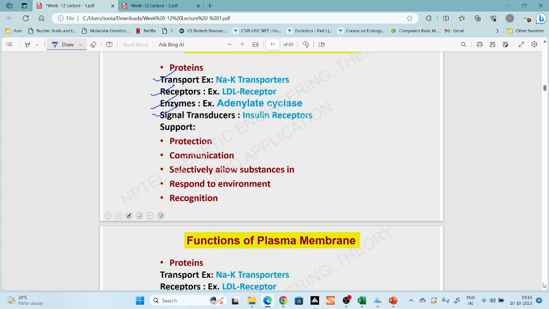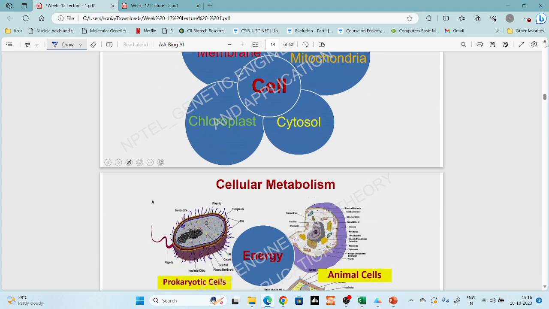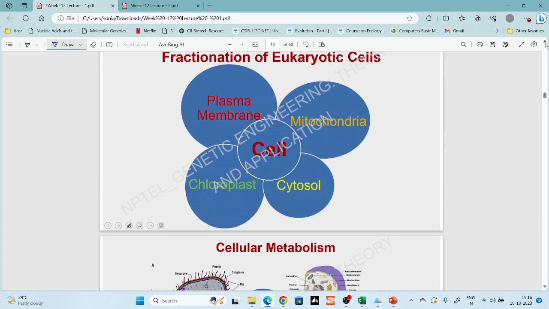Then you have functions like protection, communication, responding to the environment, recognition, basic principles. Up till here it is all module 1.